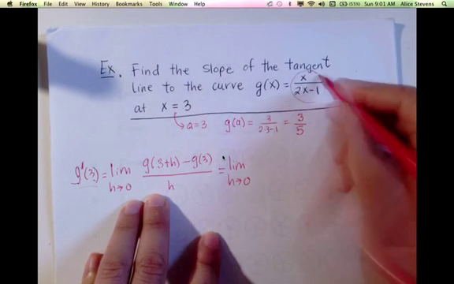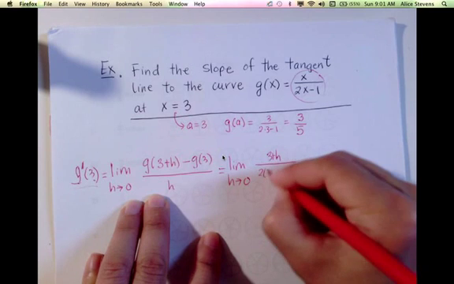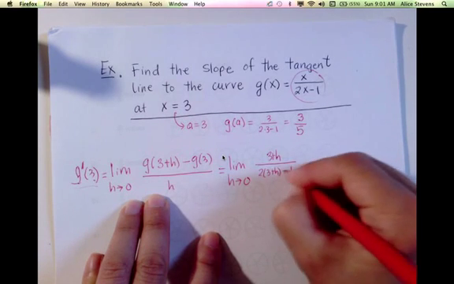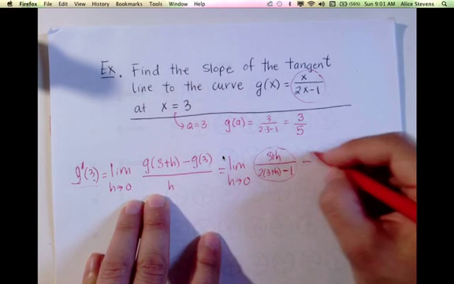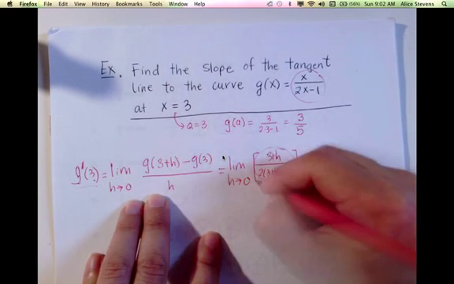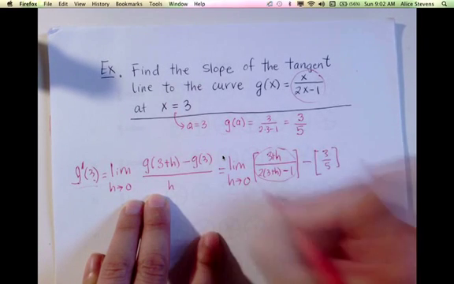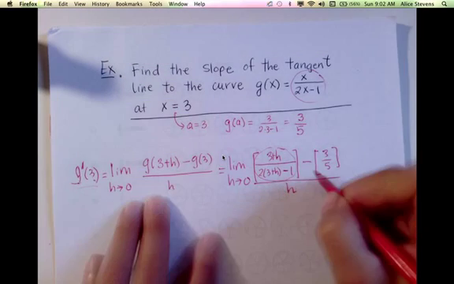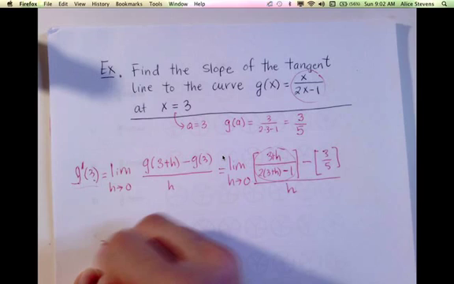Now filling these in, I have g of 3 plus h is just 3 plus h over 2 times 3 plus h minus 1, minus g of 3, which we found to be 3/5, all divided by h. So next I'm going to simplify.